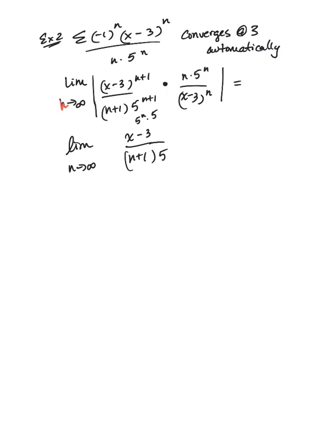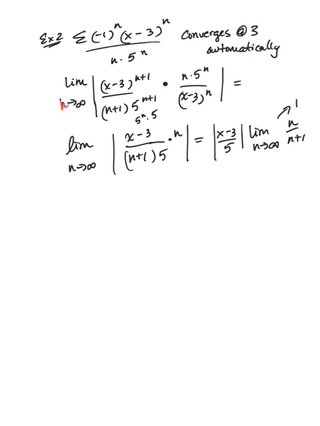And I have times n from the second fraction, right? So now I can take out this x minus 3 over 5. That comes outside because the limit has no bearing on that. And then I have n over n plus 1. Well, this limit, you know, is 1.